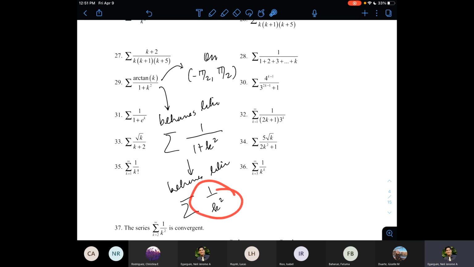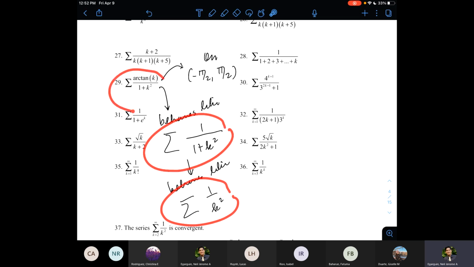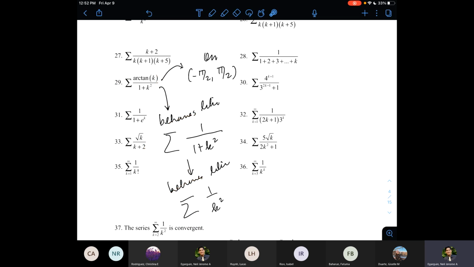And what type of series is 1 over k squared? It's a p series with p equals 2. P equals 2 means this is convergent. So this behaves like a convergent series. This guy turns out to behave like a convergent series as well. So conclusion, this is convergent.